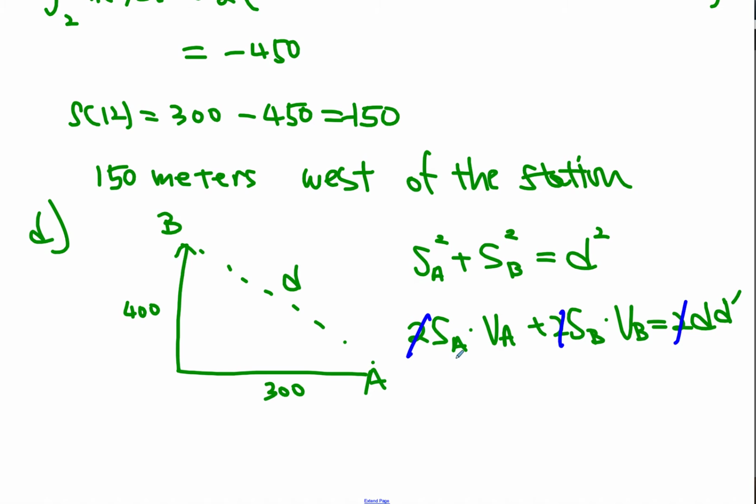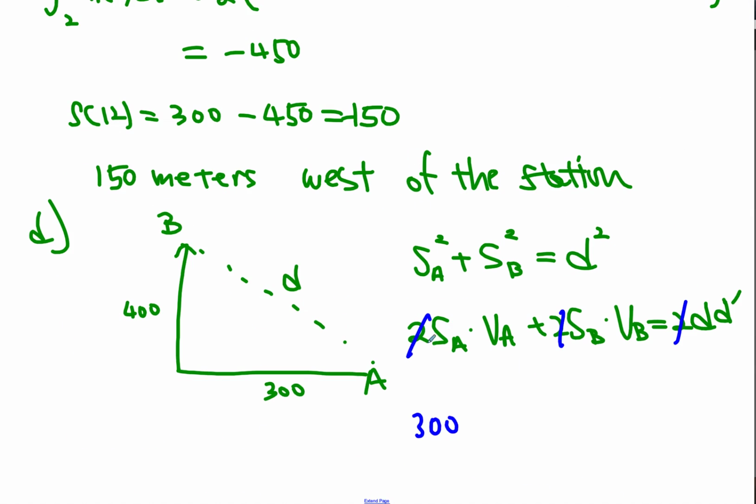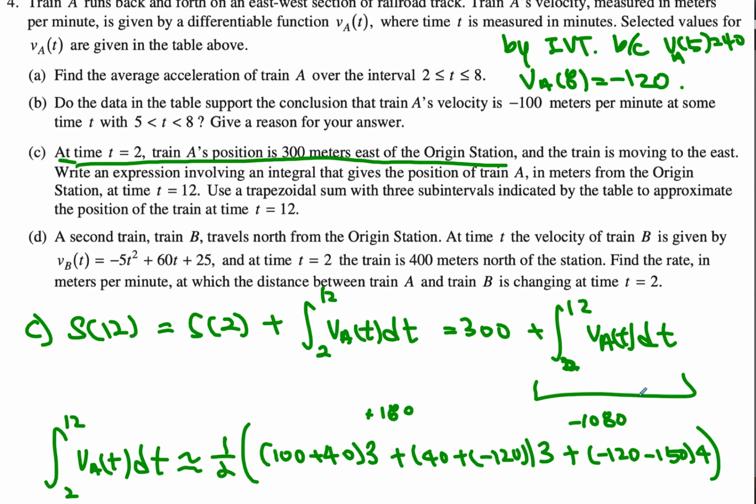The position for A was 300, and the velocity for A at the time was 100. Plus the position for B was 400, times the velocity of B at t equals 2, which is negative 125.